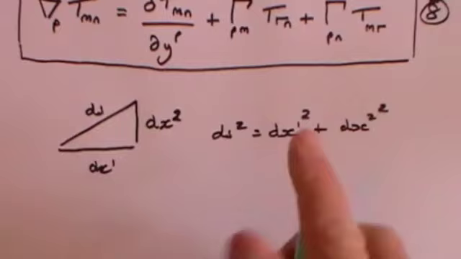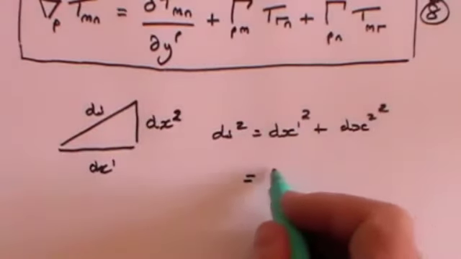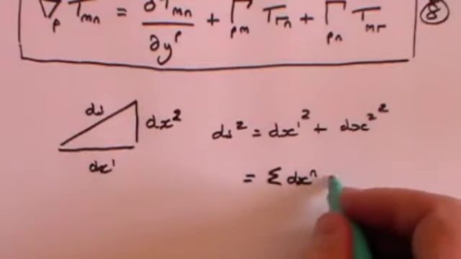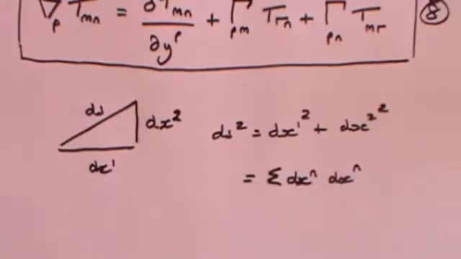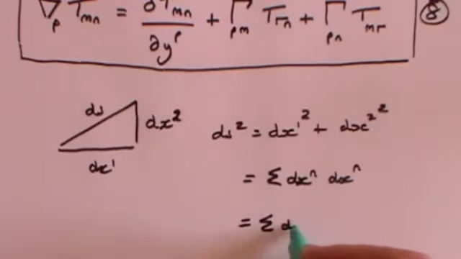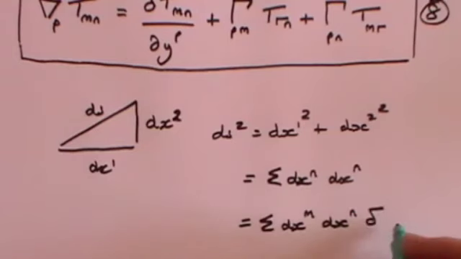And we said that you could rewrite that as the sum of dxn times dxn. Or if you like, you could write that as the sum of dxm dxn times the Kronecker delta mn, where, remember, the Kronecker delta was 1 when m equals n, and it was 0 when m does not equal n.